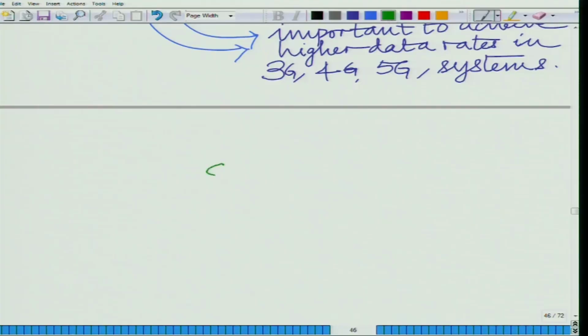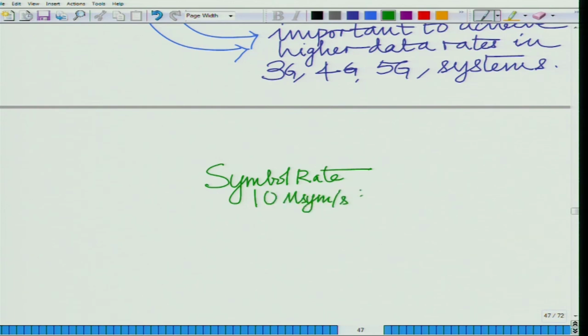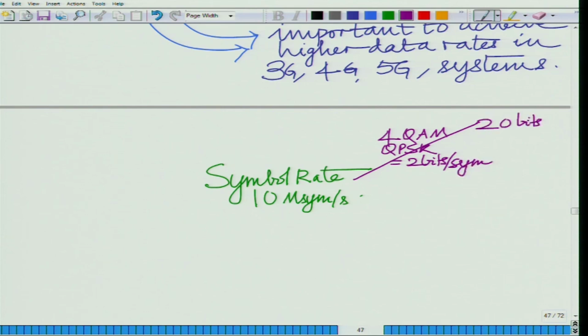For instance, if you have a symbol rate of 10 mega symbols per second, if you use 4 QAM, that is QPSK, which has 2 bits per symbol, you get a data rate of 20 megabits per second, 20 Mbps.